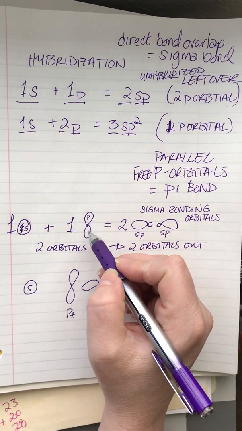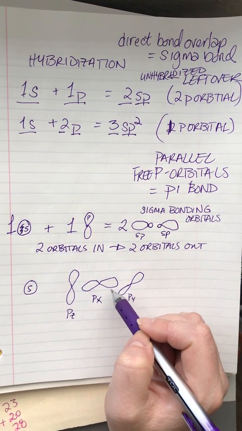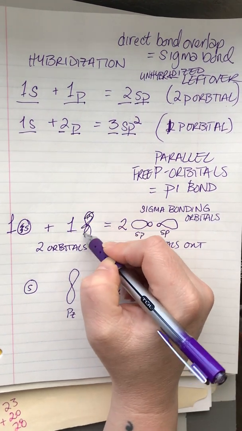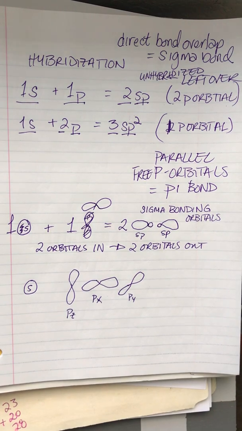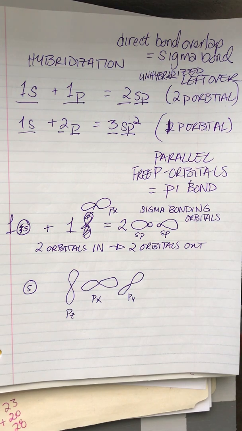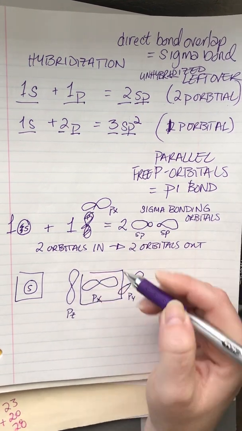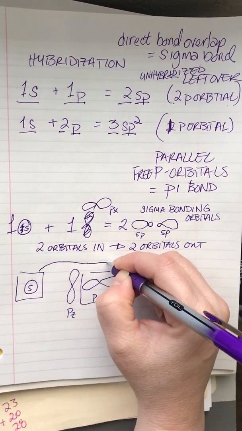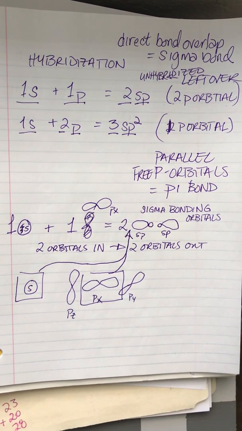Now, I drew this one like it's a pz, but really it's probably more like a px. Here, I'll make it prettier. So we'll say we're using the px in this hybridization. We used this one and this one to make our hybridized orbitals.